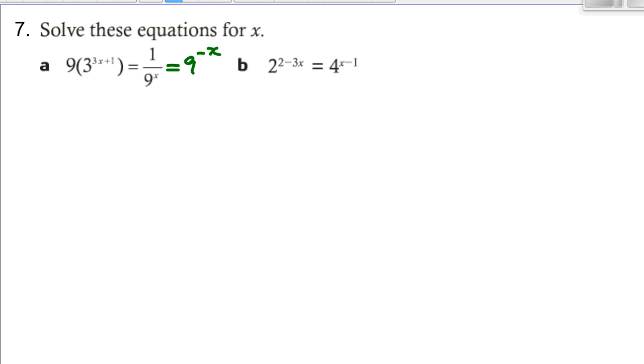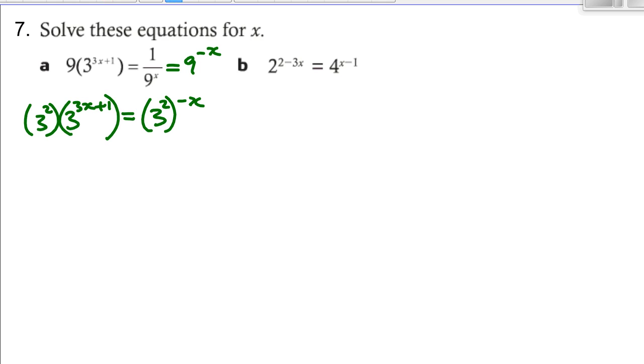So, what I'll have on the left will be 3 squared multiplied by 3 to the power 3x plus 1 is equal to, actually 9 can be written as 3 squared as well, to the power negative x.